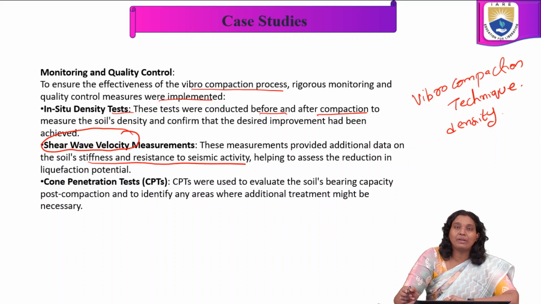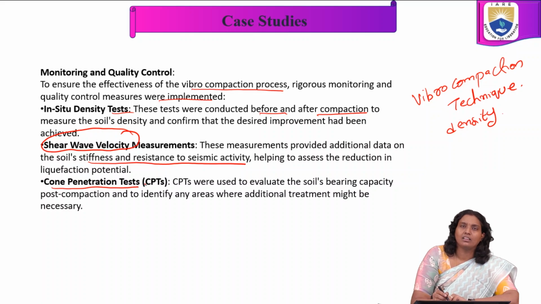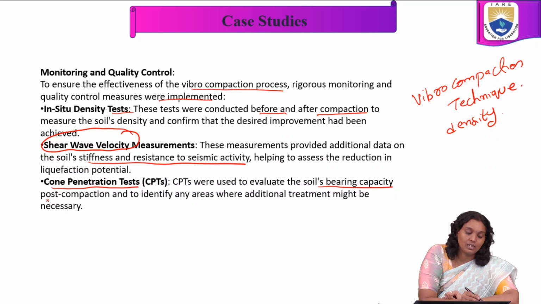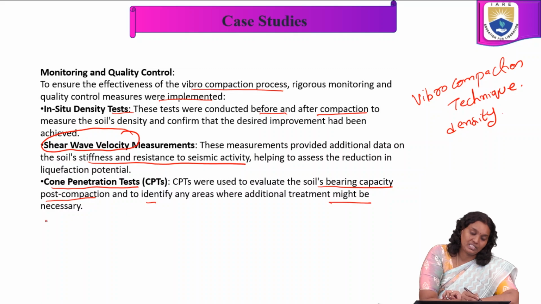And also the CPT, the cone penetration test, was conducted. It is used to evaluate the soil's bearing capacity post compaction and to identify any areas where additional treatment might be necessary.